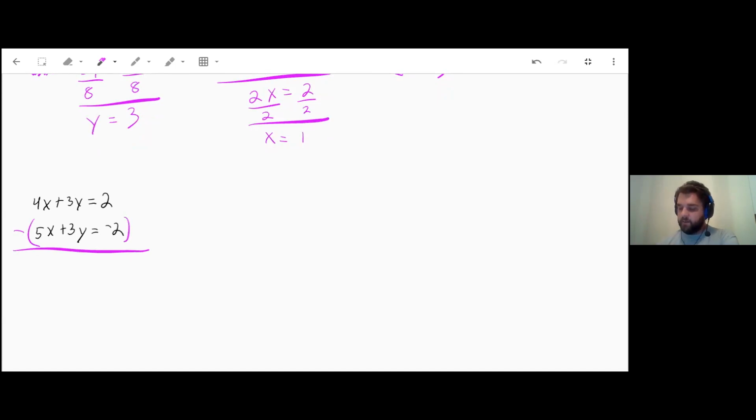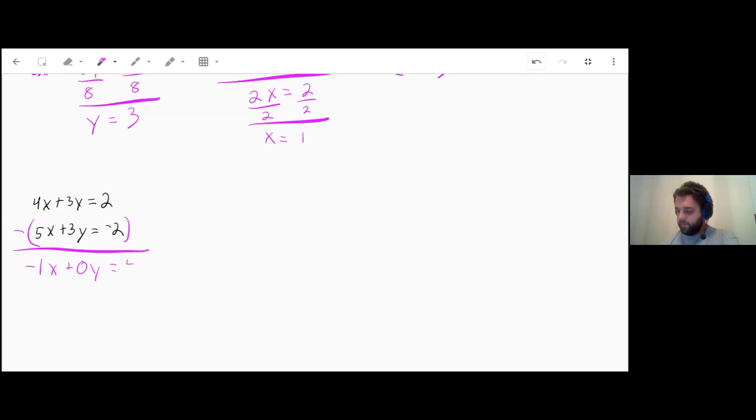So 4x minus 5x gives us negative 1x. 3y minus 3y gives us 0y. And 2 minus negative 2 comes out to be a positive 4. In other words, negative 1x equals positive 4. We can divide both sides by negative 1, and x equals negative 4.